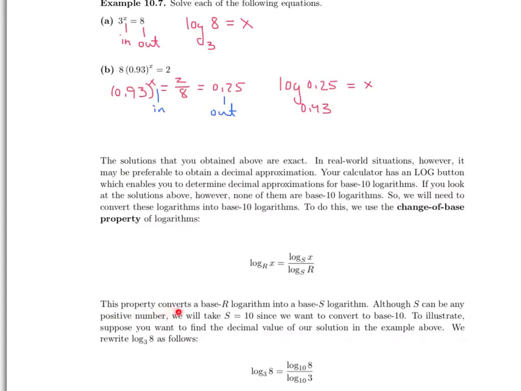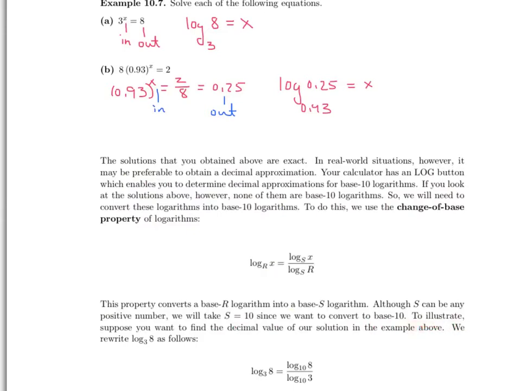This property converts base r logarithms into base s logarithms. Although s can be any positive number, we will take s to be 10 because we want to convert all of our bases to base 10.